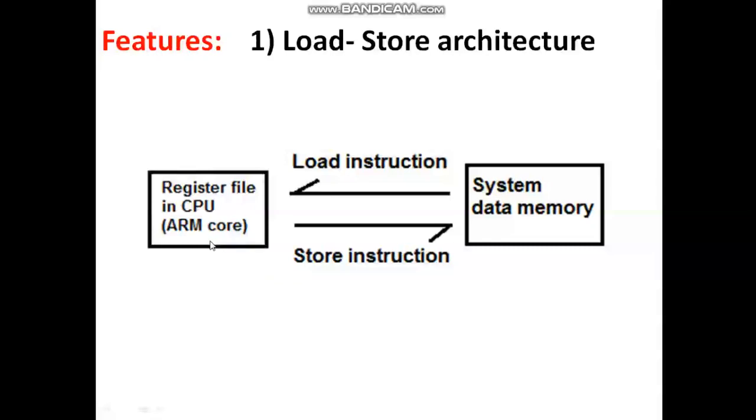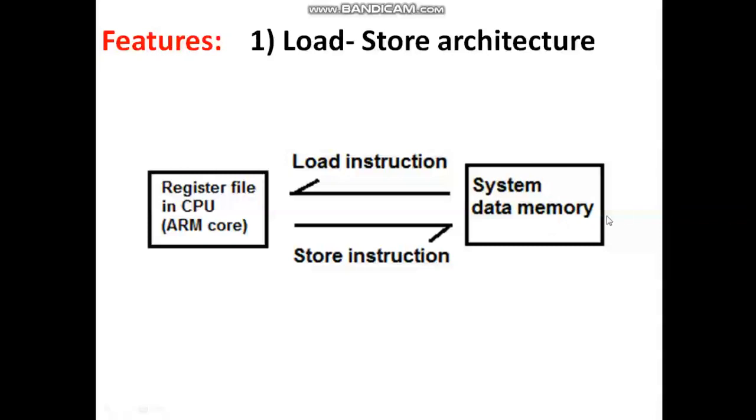The ALU section of the ARM can process only the data which is present in this register file, and therefore the whole data which is to be processed by the CPU should be present in this register file. But actually the major data is normally available in the main data memory or the system data memory, which is outside the CPU section.